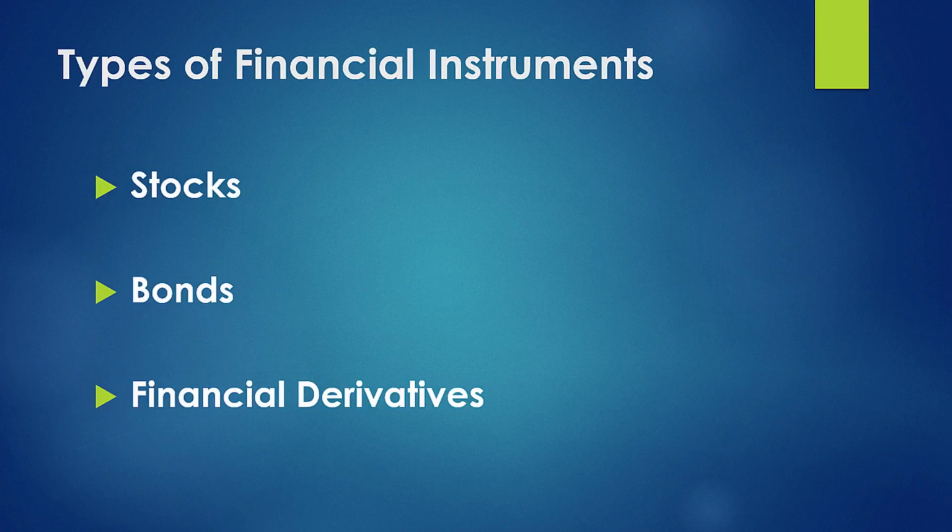We've already talked about stocks and bonds, and the difference between them and financial derivatives is this concept that with financial derivatives, you're buying and selling pieces of paper. Now, you might stop me at this point and say, well, isn't that what a stock is? Or isn't that what a bond is? And that's not necessarily the case.